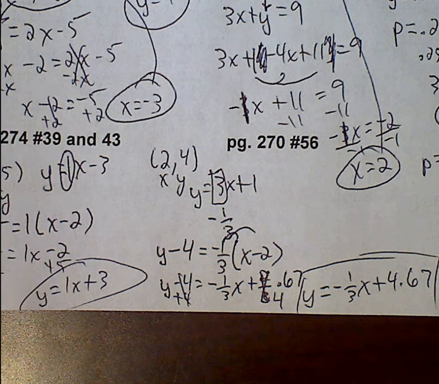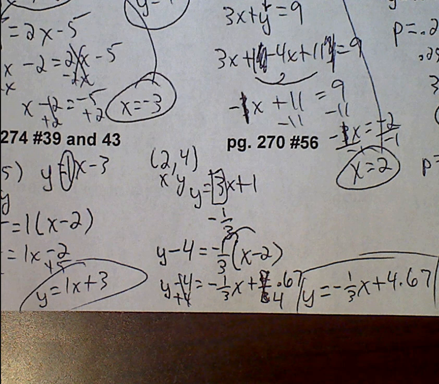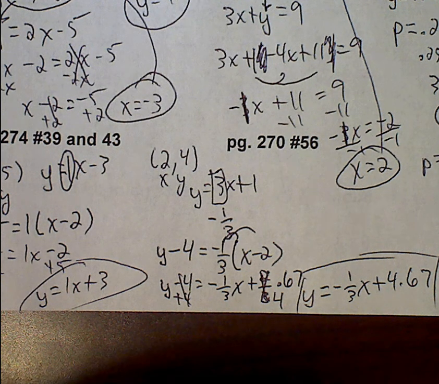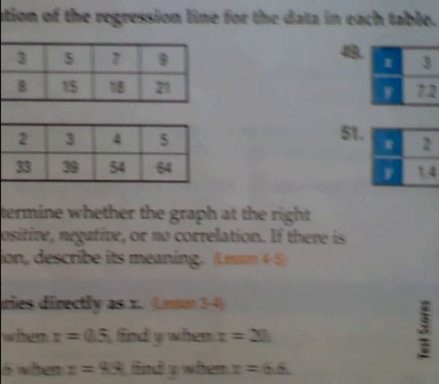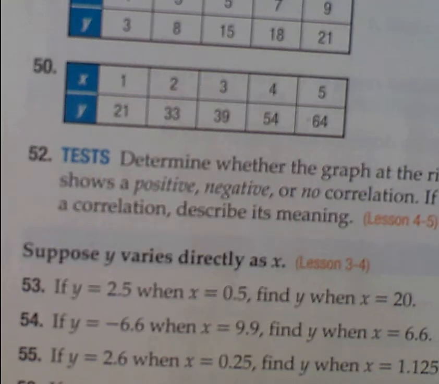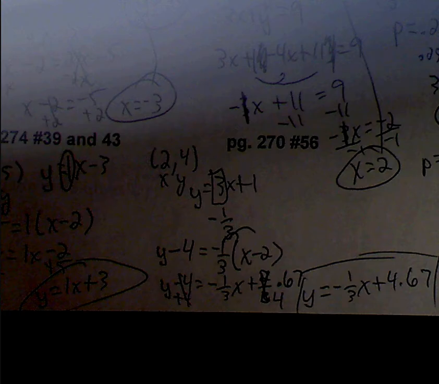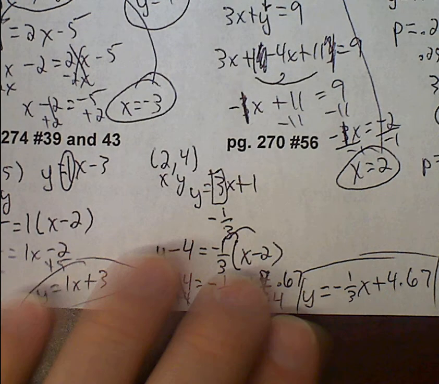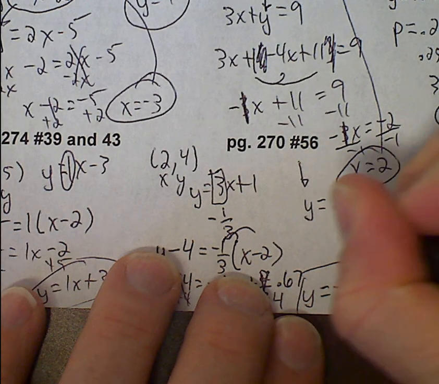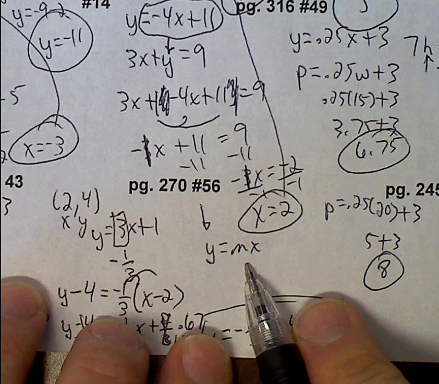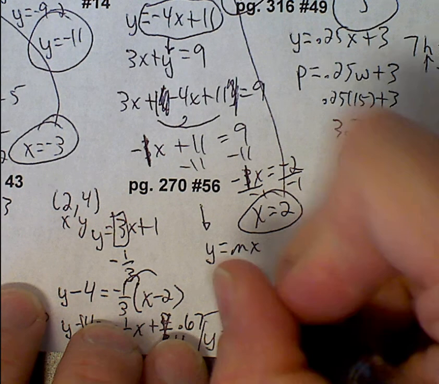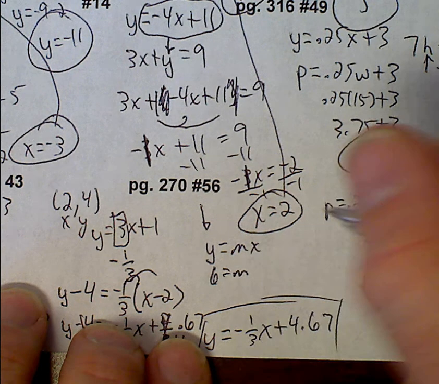Page 270, number 56. Number 56. So this is where it says, suppose y varies directly as x. If y varies directly with x, we are going to be given y equals mx without a b. Now I need to use what they give me. They said that y is 6, my x is 0.06.